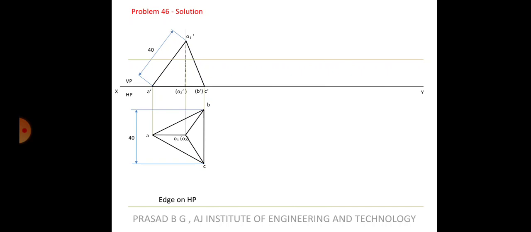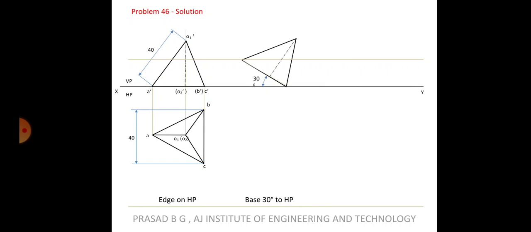Okay. So let's go to the second part of this. What is the second part here? Inclination to HP. The base edge is inclined at 30 degrees to HP is given. Again, it is not given that the axis is inclined at 30 degrees. The base edge is inclined at 30 degrees is given. So that means you have to take the base edge inclined at 30 degrees.